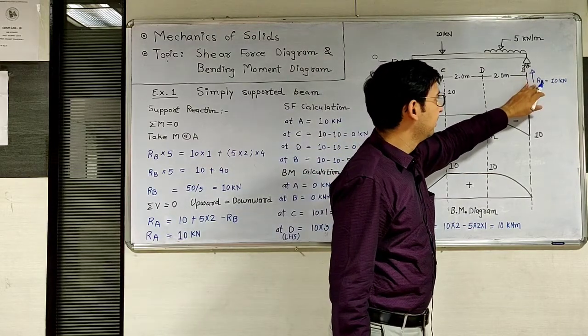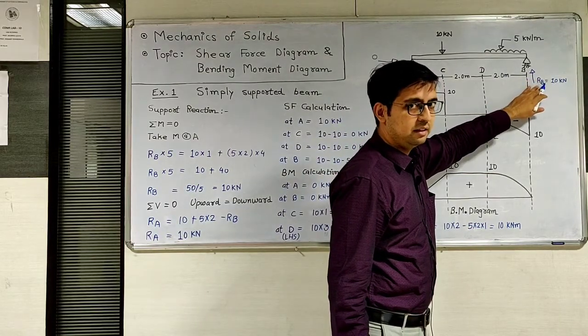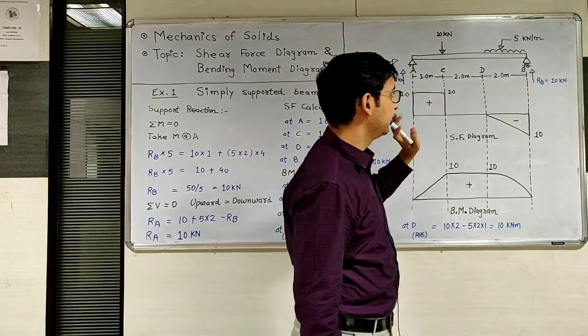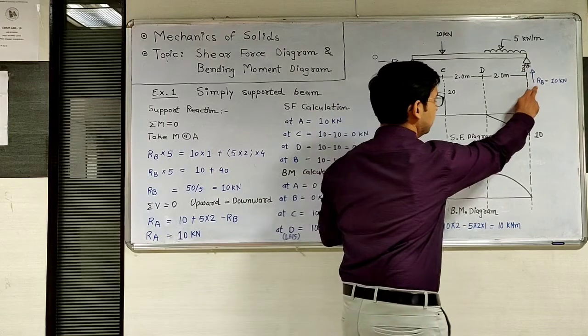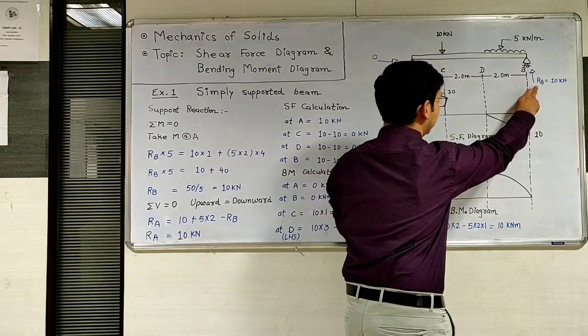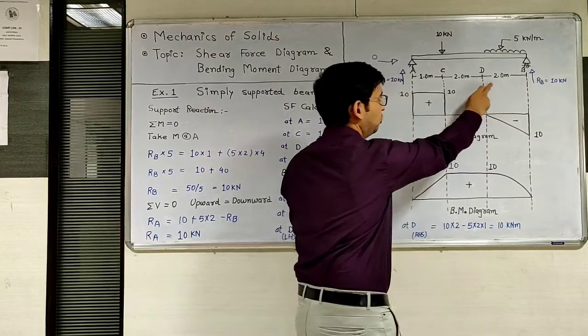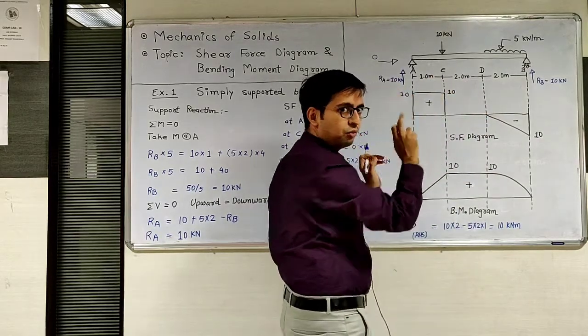Here reaction RB is there, and moment means force into perpendicular distance. So the force is RB and the perpendicular distance from point A is 2 plus 2 plus 1, that is 5.